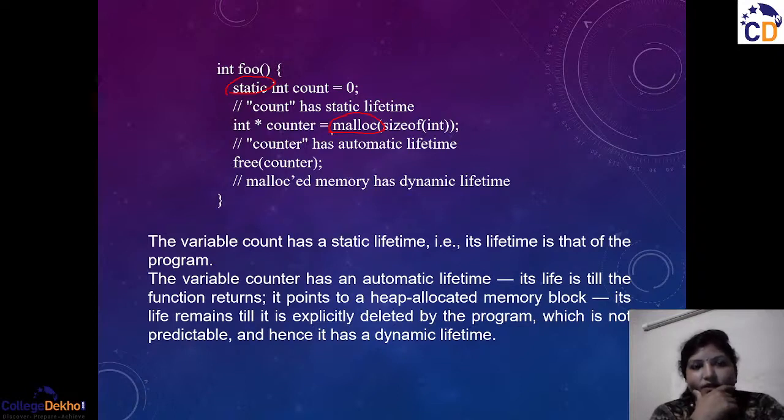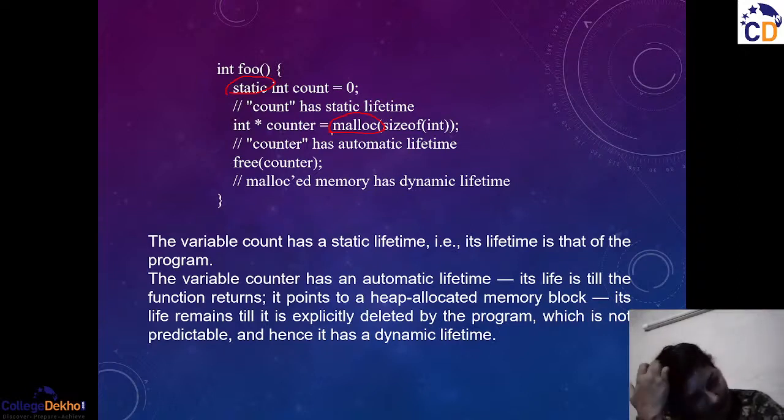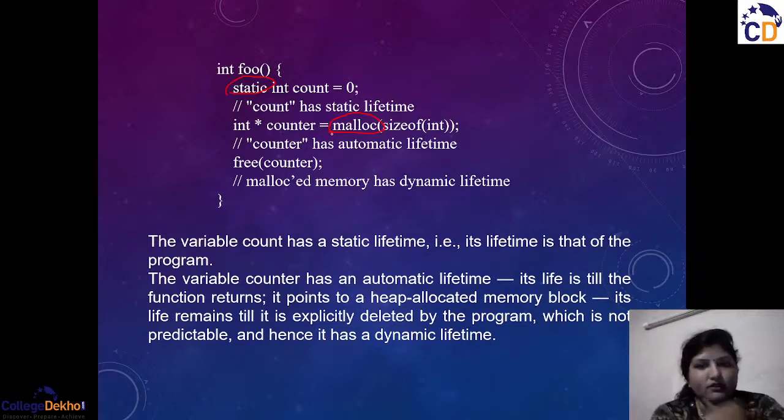Int star, pointer means pointer, counter is equal to, what is the type of that? That is integer only. Malloc is the function for allocation of memory. If we are using malloc, that means we have dynamic allocation.